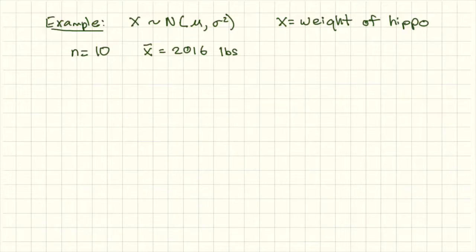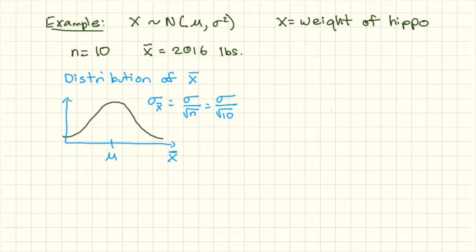But we know a lot about the distribution of a sample mean. If the population is distributed normally, this sampling distribution, the distribution of X bar, is also going to be distributed normally. Its mean is going to be exactly in the same place, right around mu, and its standard deviation is going to be the original standard deviation divided by the square root of n.